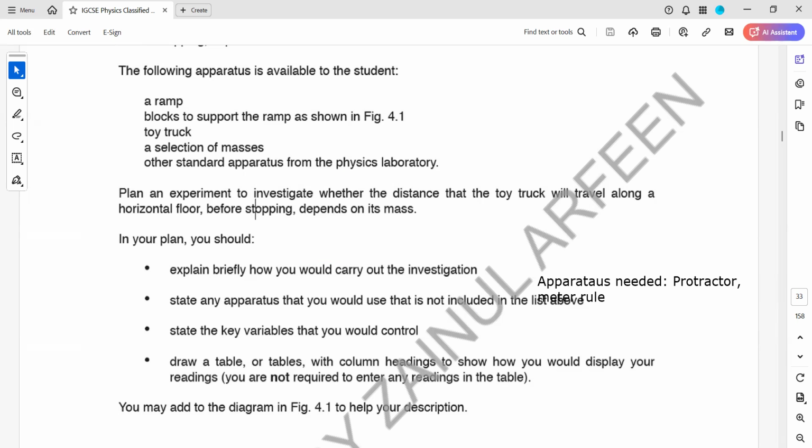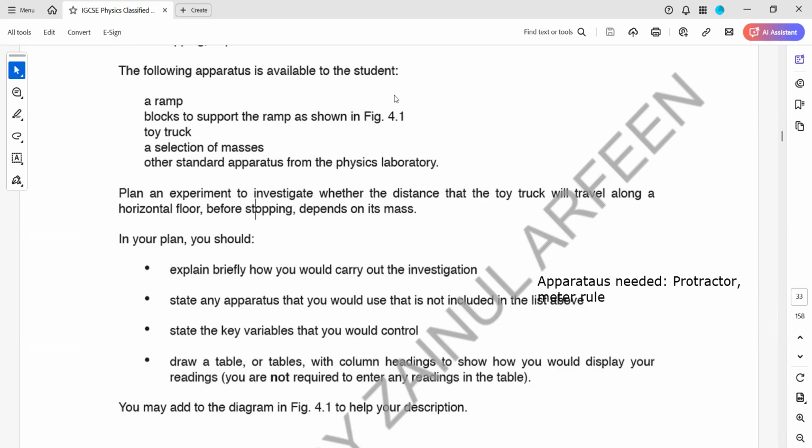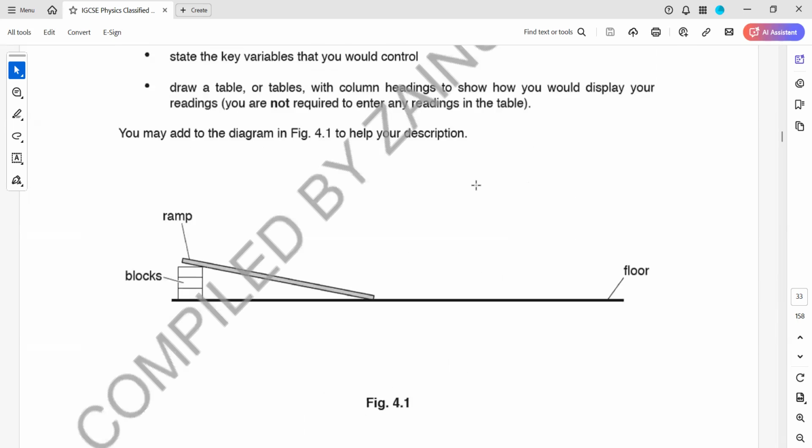So first of all, you can use your mic, you can use chat or screen annotation to answer. No need to mention the speed here. We don't have to measure the speed. What is the core experiment that we are investigating?